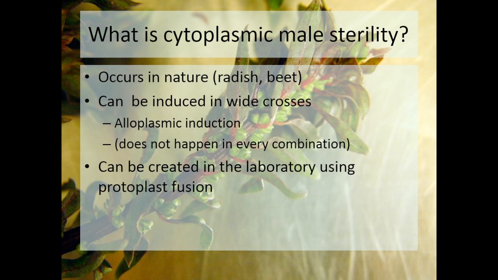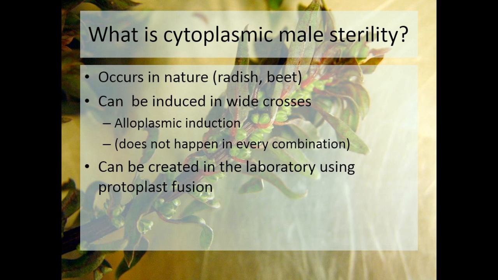So it does occur naturally in nature. People have found populations of wild radish and wild beets that have this cytoplasmic male sterility, and it's thought in those populations it enforces outcrossing, and it's part of the natural process.